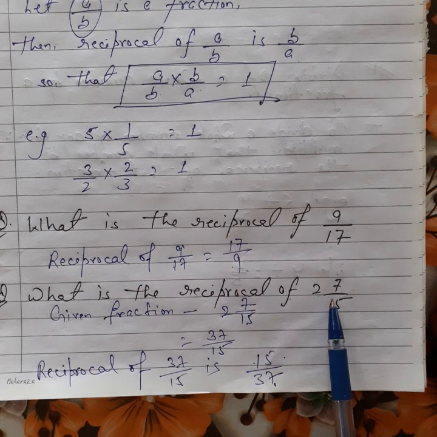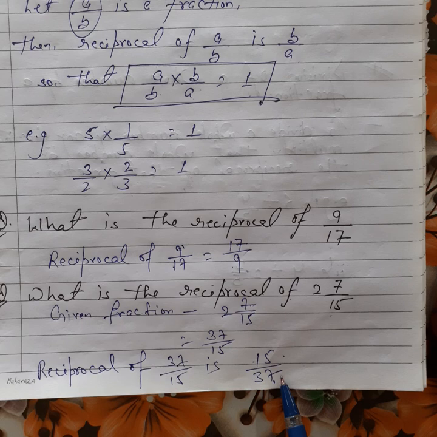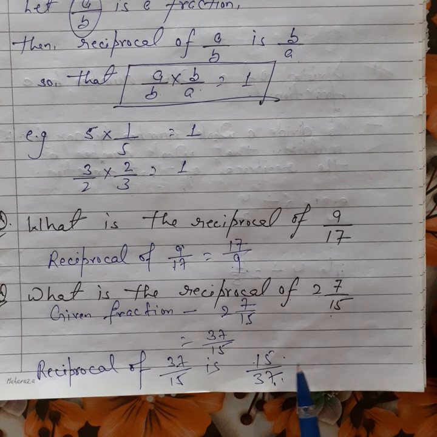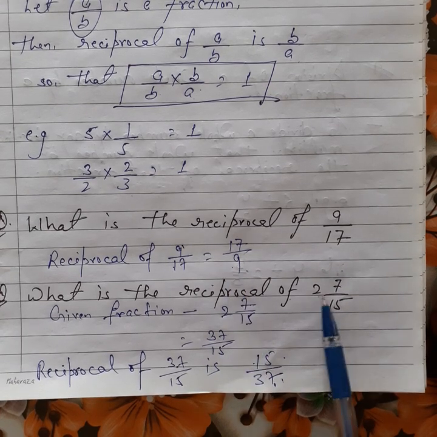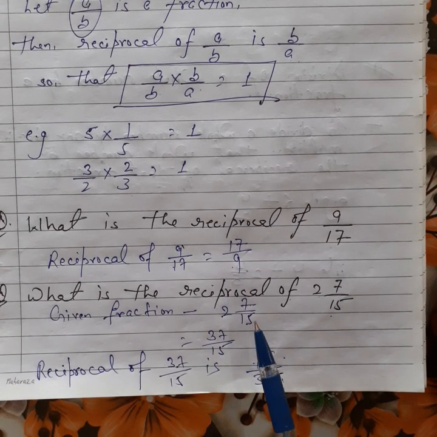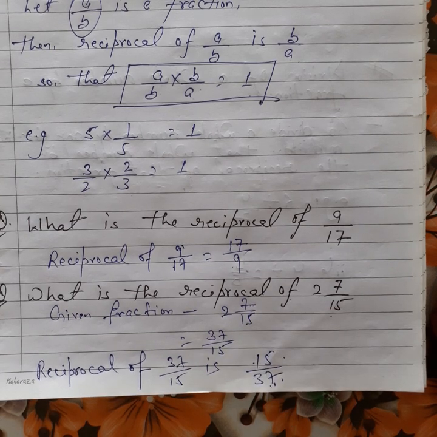The earlier one was an improper fraction, so its reciprocal is proper. The reciprocal of a proper fraction is an improper fraction and the reciprocal of an improper fraction is a proper fraction.